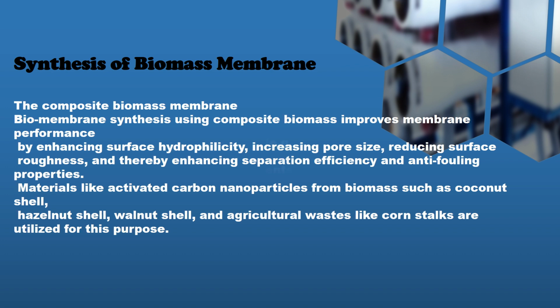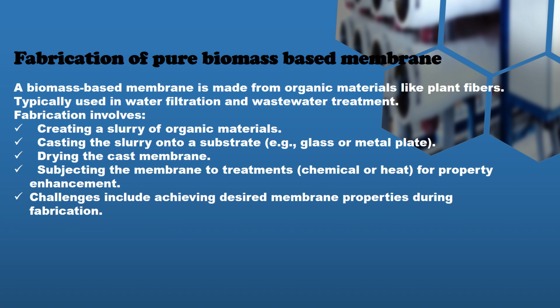So the next one, you have fabrication of pure biomass based membrane. A biomass based membrane is made from organic materials like plant fibers, typically used in water filtration and wastewater treatment. Fabrication involves one, creating a slurry of organic materials.